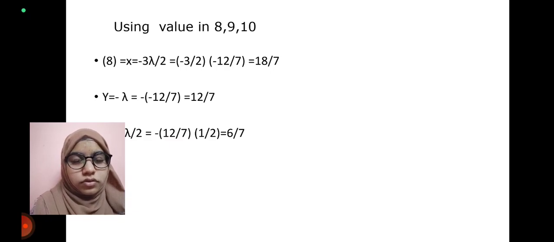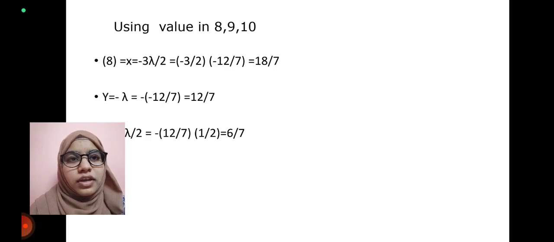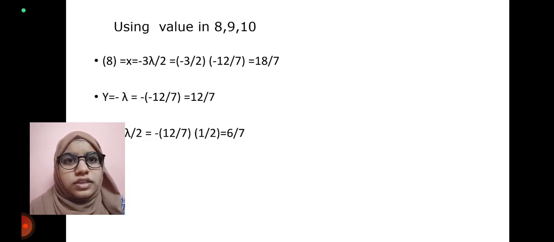Next, using this value in equations 8, 9, 10: the 8th equation is x equals minus 3 lambda by 2.